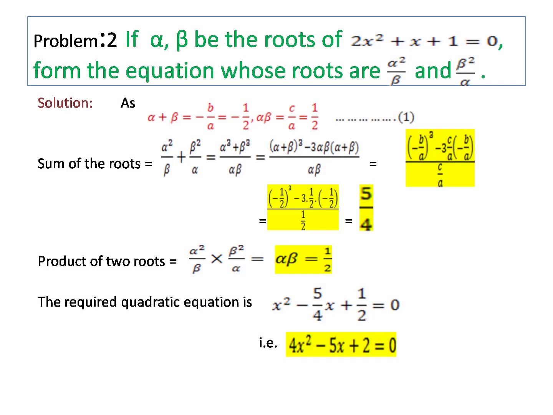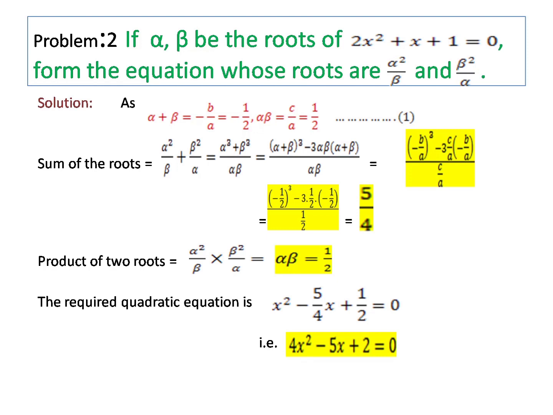Now come to the second problem. If alpha, beta be the roots of 2x square plus x plus 1 equals 0, form the equation whose roots are alpha square by beta and beta square by alpha.